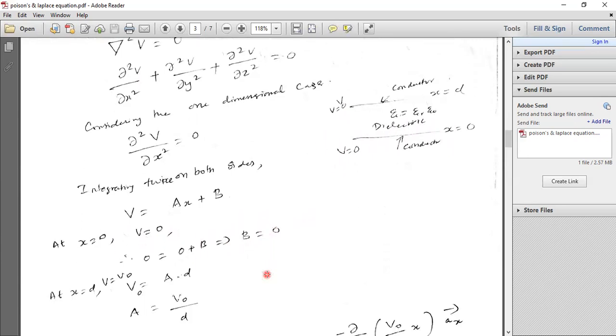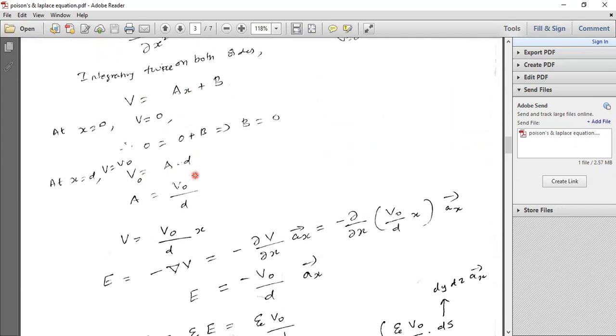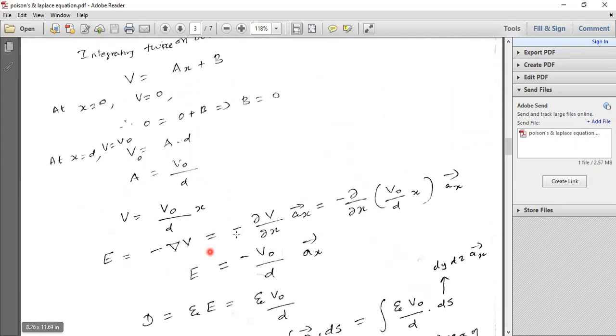And at x equal to D, V equal to V naught, the maximum applied voltage. So V naught equal to A into D, so A is equal to V naught by D. So the equation becomes V is equal to V naught by D into x. That is the potential we have solved.